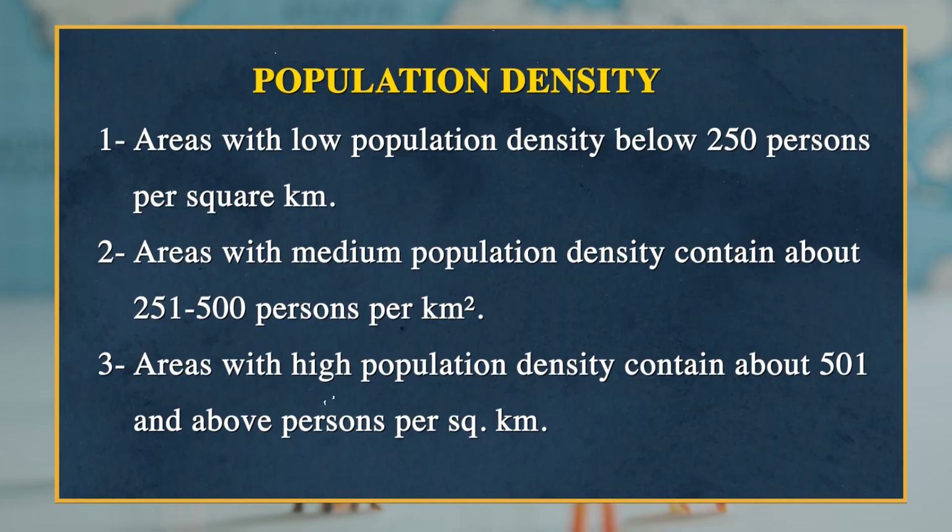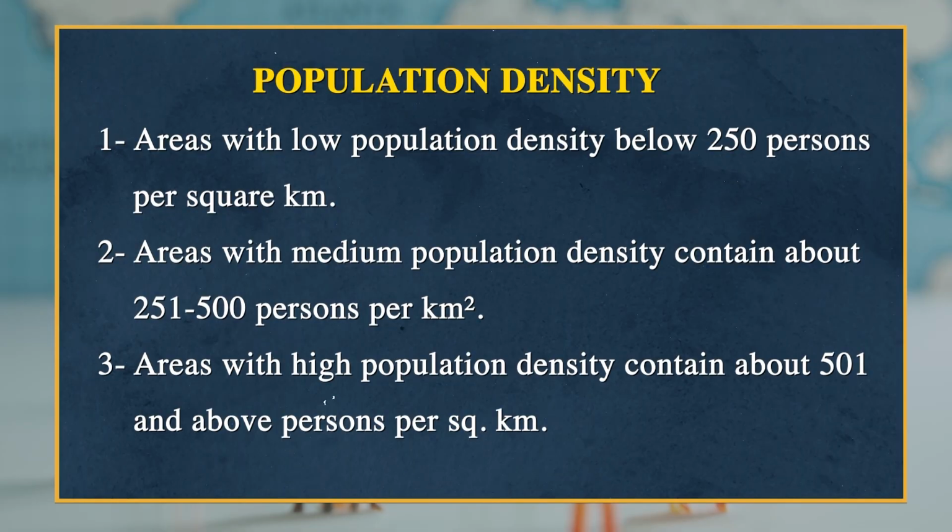Why is it that some areas have high density of population and some areas have a very low density of population? Before discussing the factors affecting uneven distribution of population, let me tell you that on the basis of density of population, broadly, we can divide three regions.